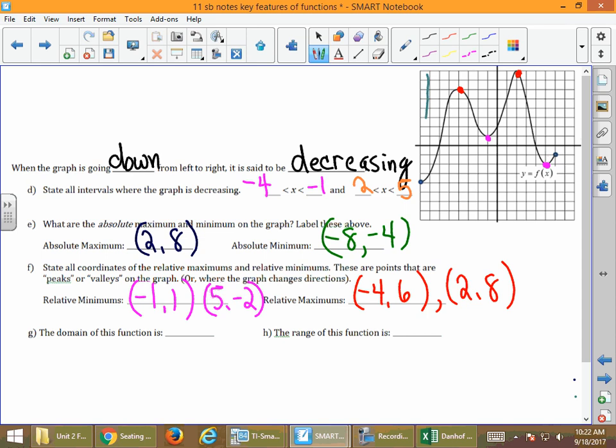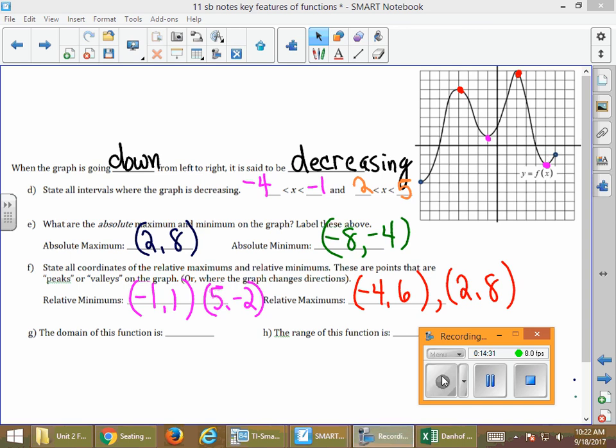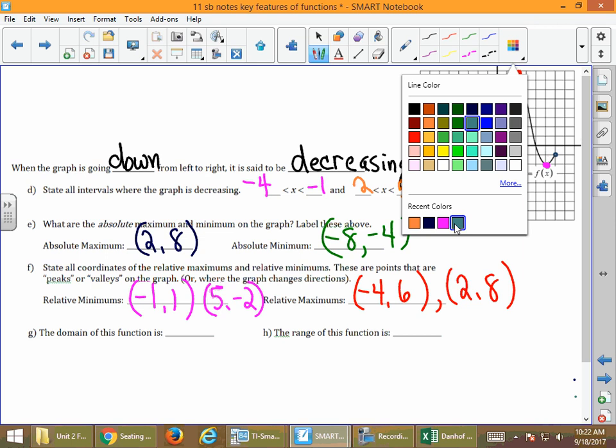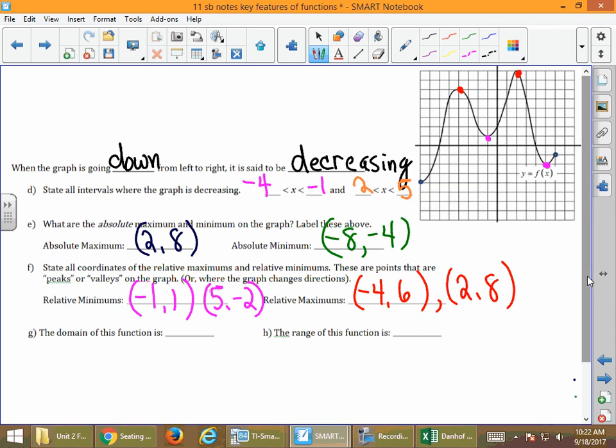So we just do the rectangle around the graph. Again, we can draw that rectangle because we have a starting point and an ending point. We don't have arrows at the end.